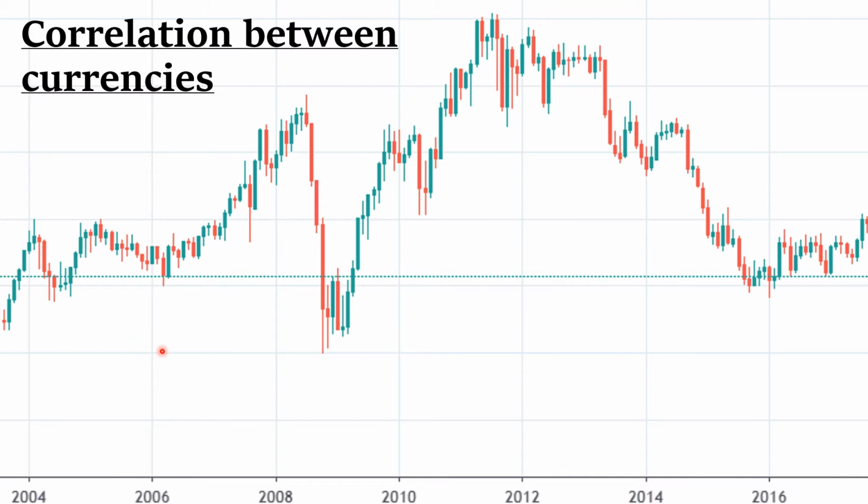As you can see here, this is the chart for the Australian dollar to the US dollar. And in 2009, after the global financial crash, it dropped very, very quickly.